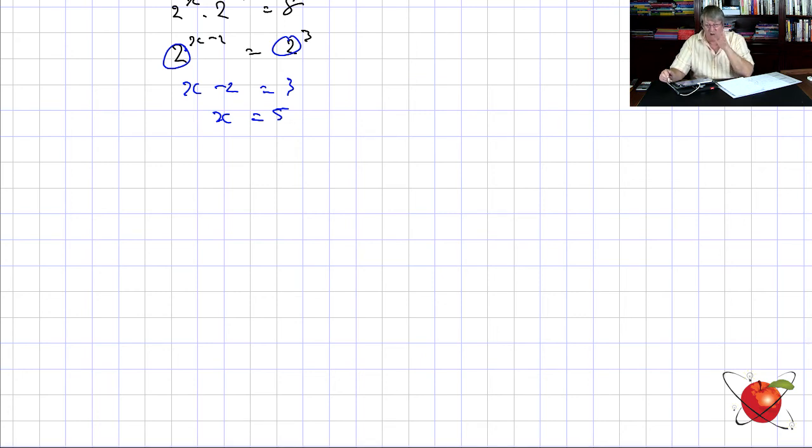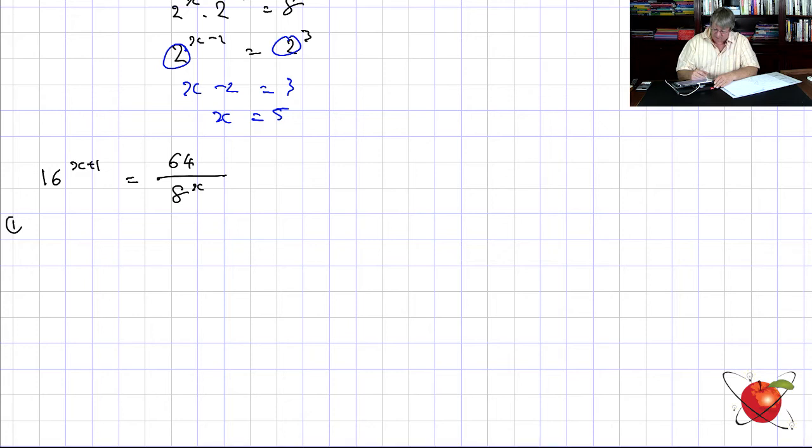We are going to do some that are a little more complicated, but let's start with one of this type. 16 to the power of x plus 1 is equal to 64 over 8 to the power of x. Wow, that looks quite hairy. Okay, let's see.